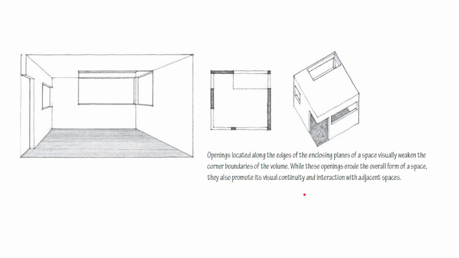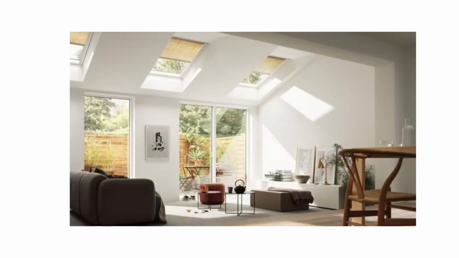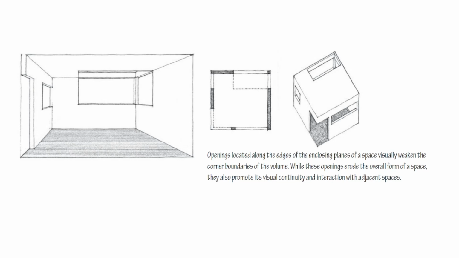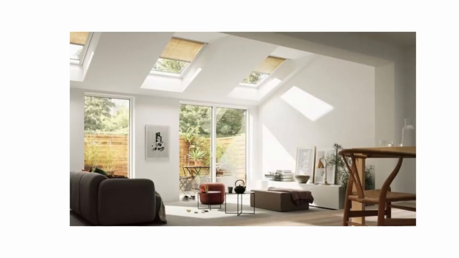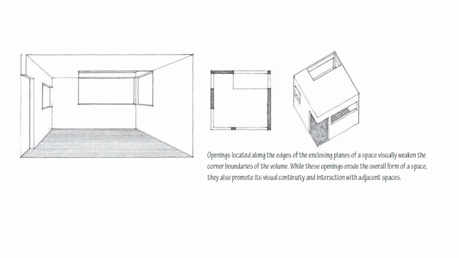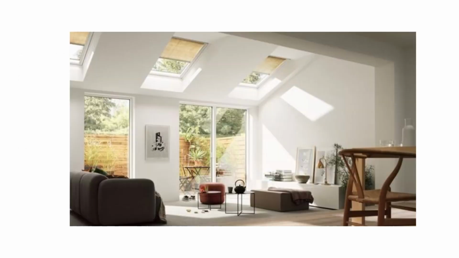Openings located at the edges of the enclosing planes of a space visually weaken the corner boundaries of the volume, while these openings erode the overall form of a space. They also promote its visual continuity and interaction with adjacent spaces. So for example, one example would be the application of a skylight. These openings actually erode the space.